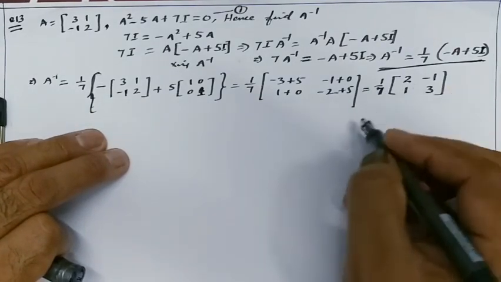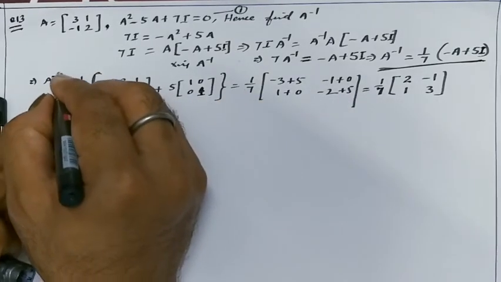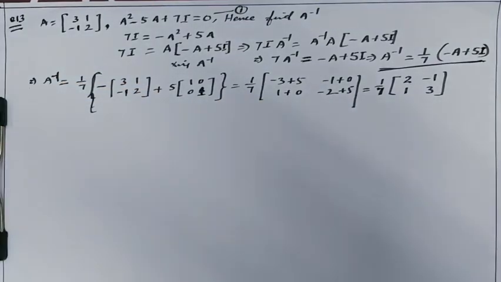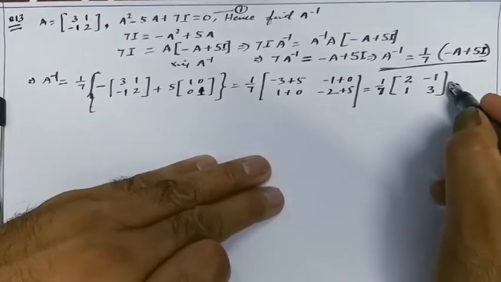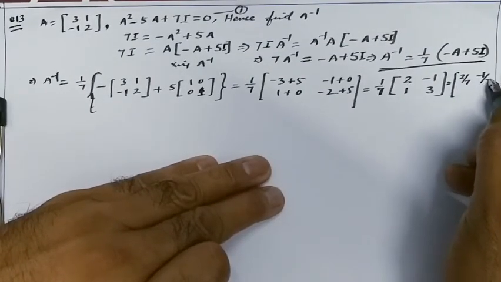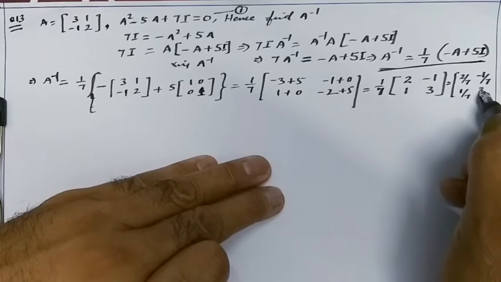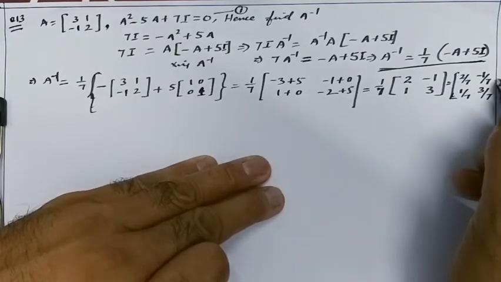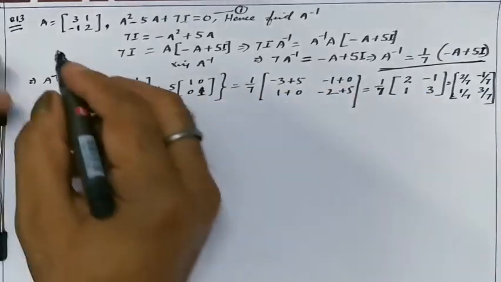Dividing each element by 7, A inverse is equal to (2/7, 1/7; -1/7, 3/7), which is the inverse of this matrix A.